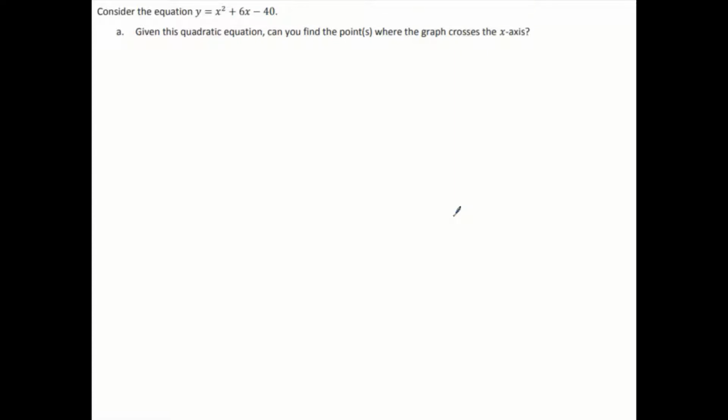That's going to be both a yes and kind of a little bit of a no. The no comes from, so long as it's in this form, we won't be able to really find those points where it crosses the x-axis. So we're going to actually have to take this and put it into a different form in order to help us find those points easier.